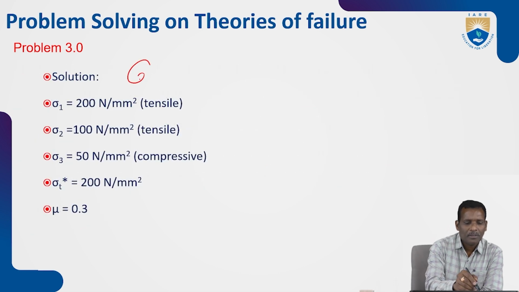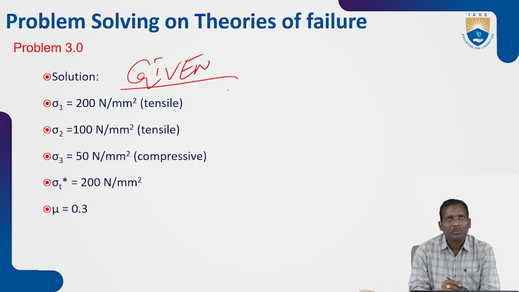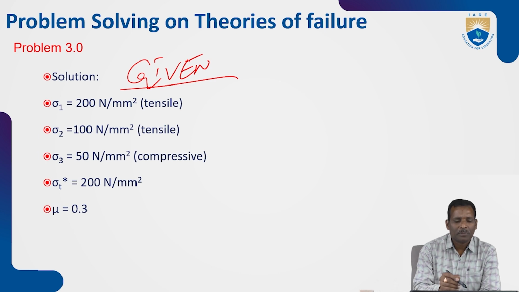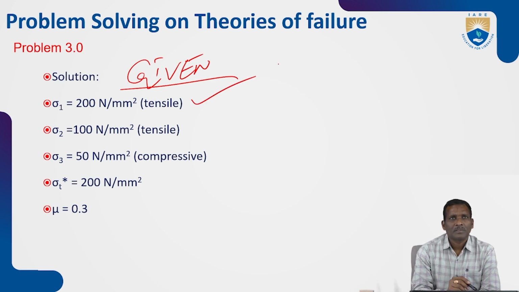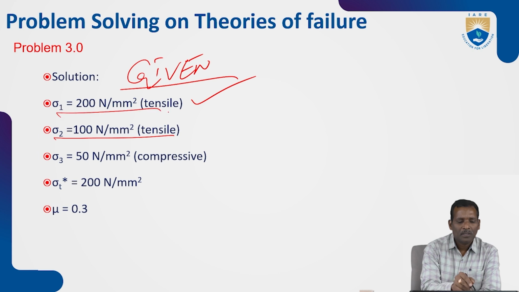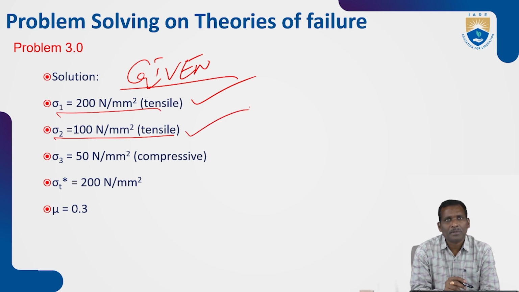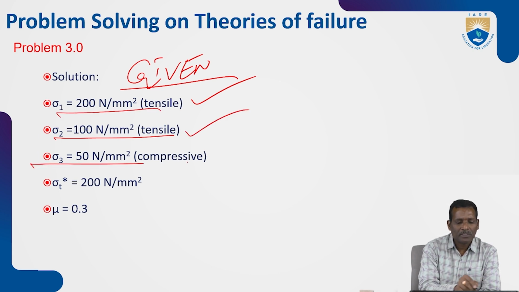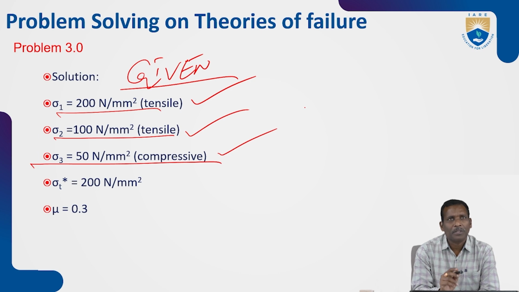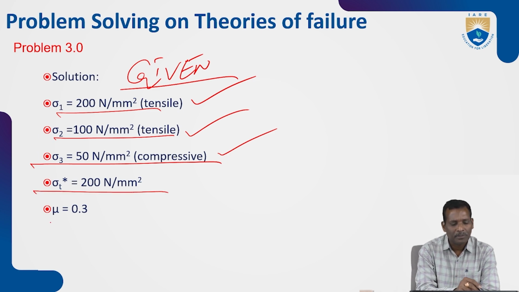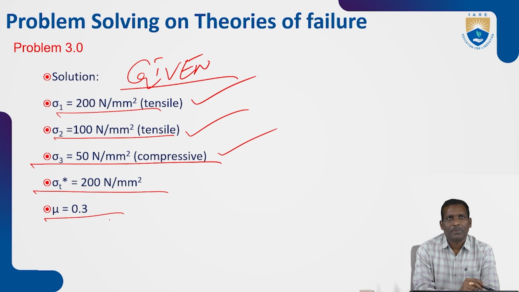The given values: sigma 1 is 200 Newton per mm square, sigma 2 is 100 Newton per mm square, and sigma 3, compressive in nature, is 15 Newton per mm square, and the tensile stress in the simple tension test is 200 Newton per mm square. Mu is 0.3.